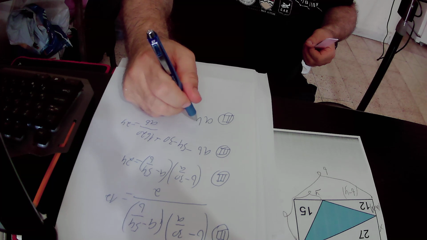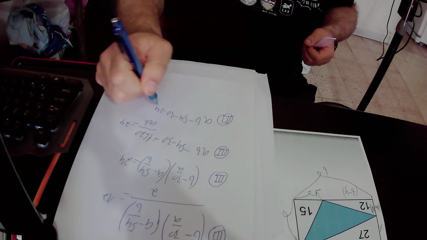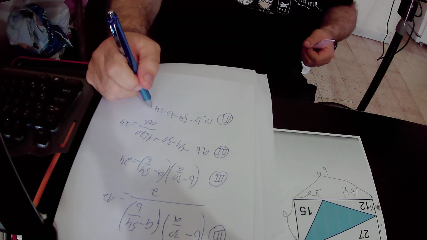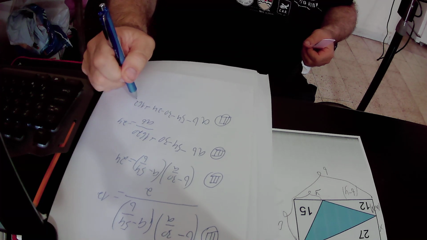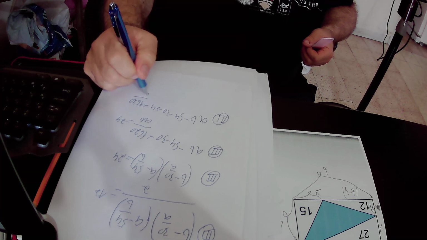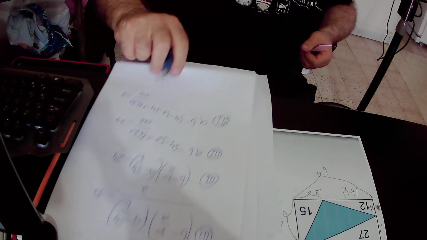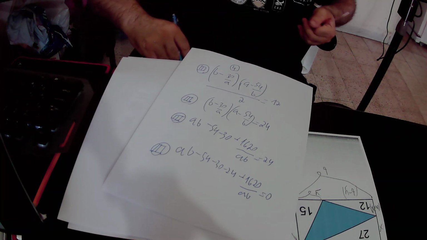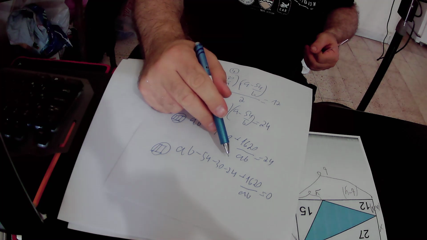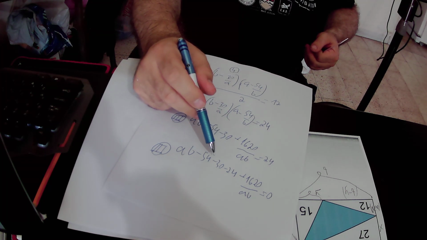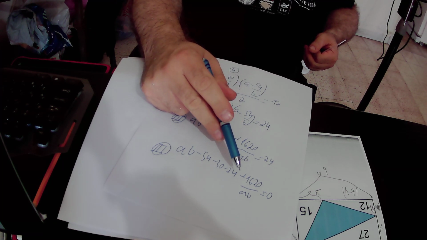We get that ab minus 54 minus 30 minus 24 plus 1620 over ab equals 0, because 24 minus 24 is 0. And here we have ab minus 54 minus 30 minus 24. In total it is negative 108 plus 1620 divided by ab.